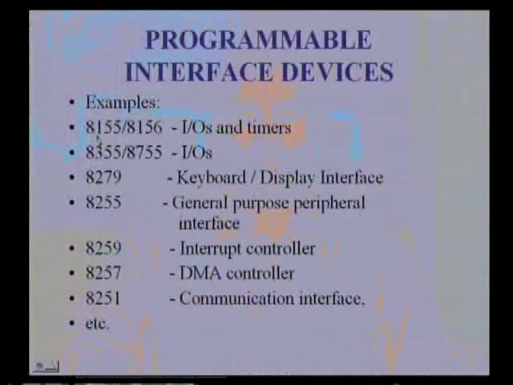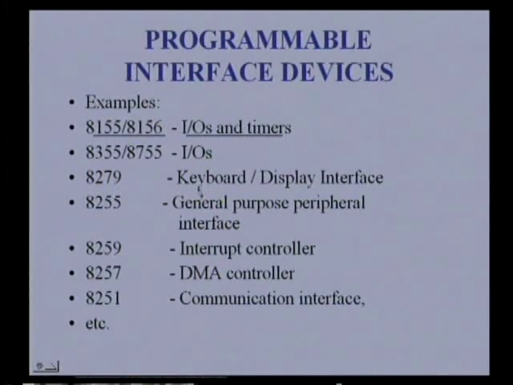First one, 8155 or 8156. This particular programmable interfacing device is used with IOs, and it also has timers. Of course, this has memory too. Normally it is used for IOs and timers. And the next device, 8355, has IOs, that is, it is used for IO interfacing.